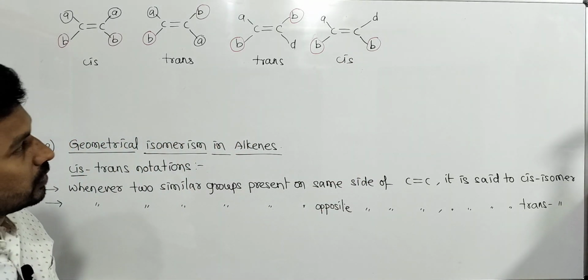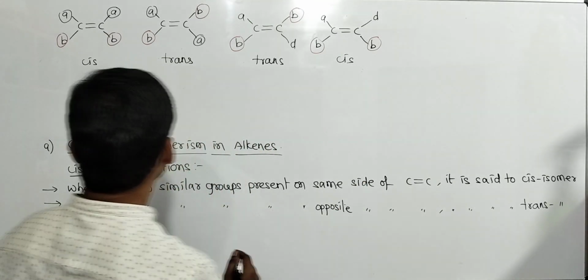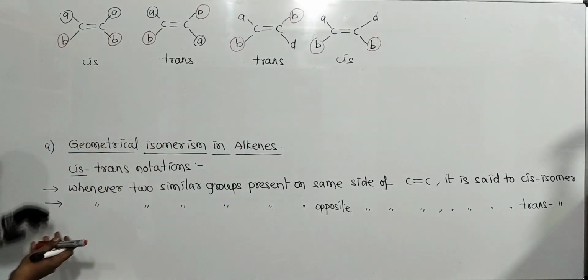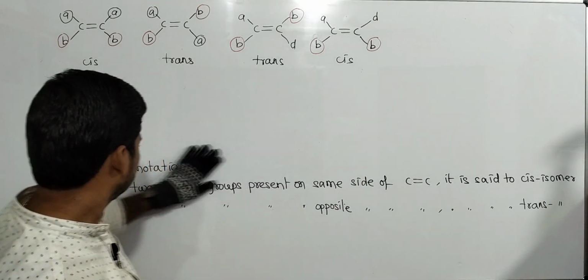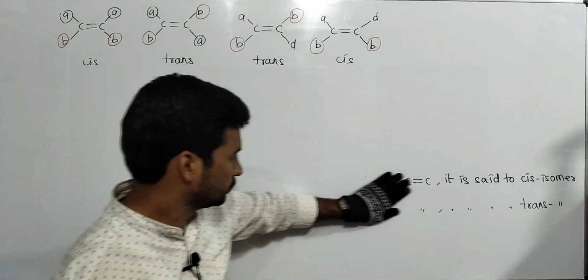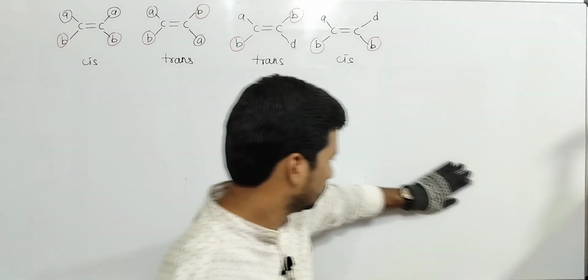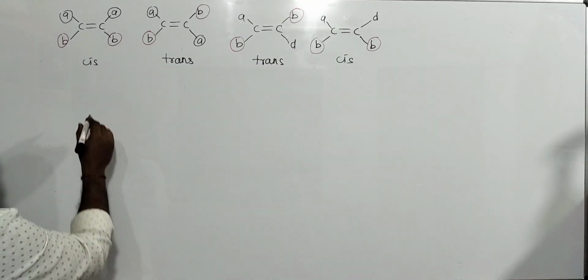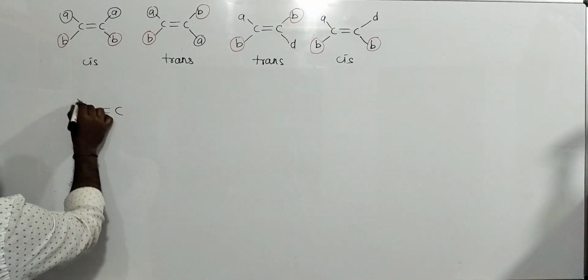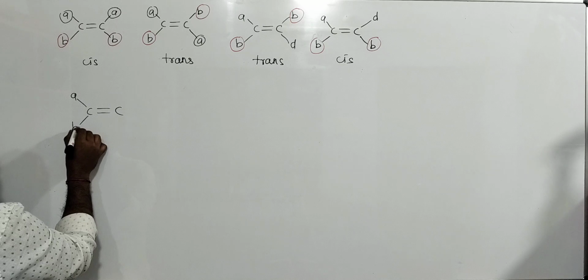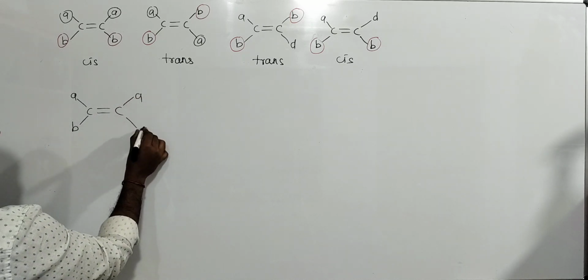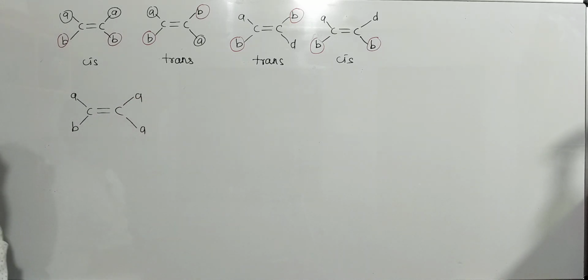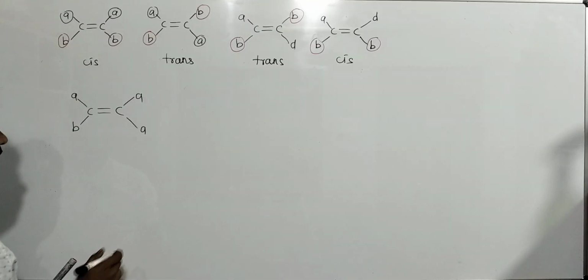Okay, if you take this example, A, B, A, for this is cis-trans isomerism possible or not?